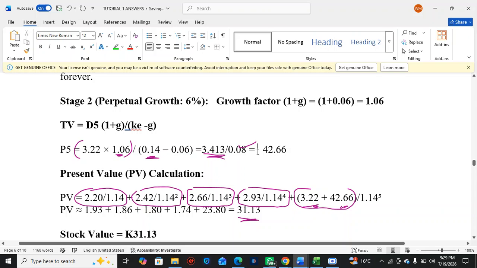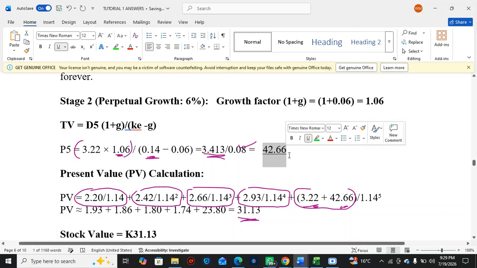So 3.413 divided by 0.08, you get 42.6625. So colleagues, this 42.66 is representing all the dividends from year six up to infinity. That's what this terminal value is representing.